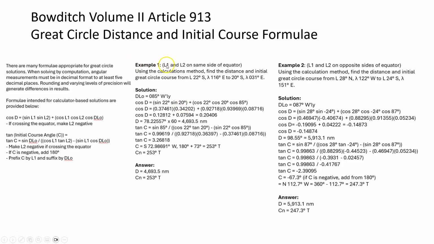This first example is one where L1 and L2 are on the same side, so we're not crossing the equator, and anytime you enter the value of L2 in these formulas, you would make it positive. But over here, we're going 28 north to 24 south, so we're crossing the equator. So every time we enter a value for our second latitude, 24, we have to make it negative. You can see here that the 24 is made negative. Over here, the 20 is positive, but over here, the 24 is negative. That's something you're going to have to pay attention to.